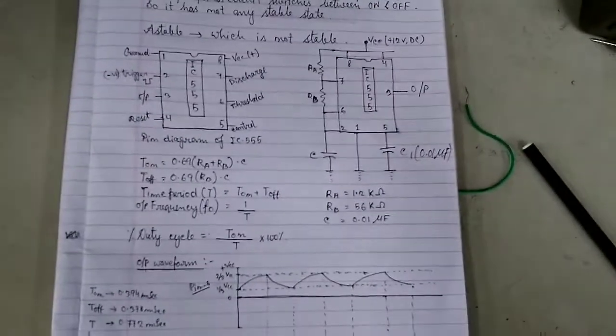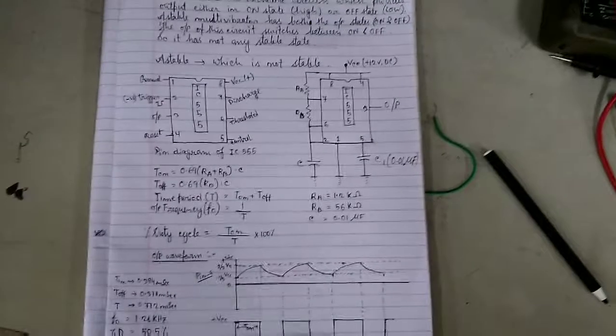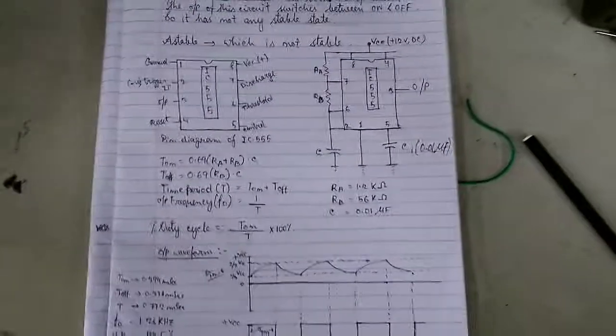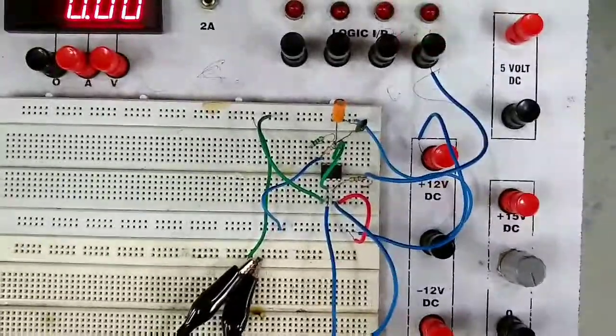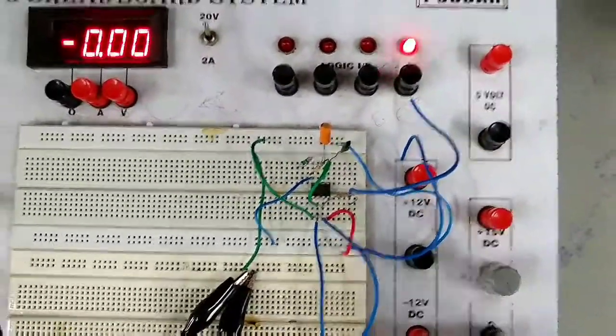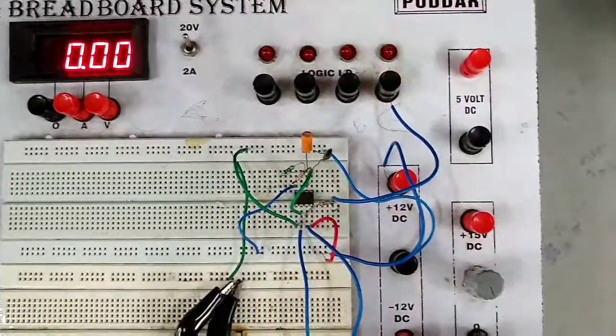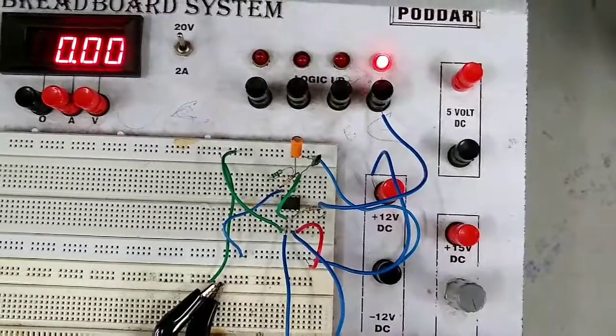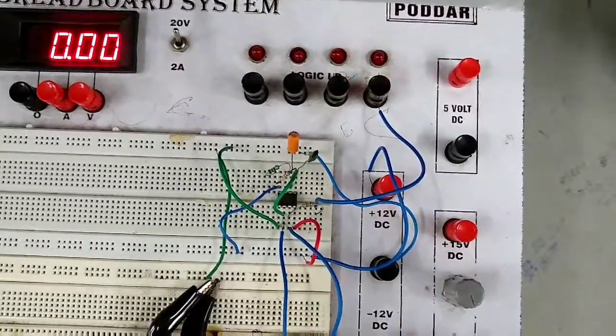If we increase the value of this capacitor connected here, the frequency will be decreased. If I decrease the value of this capacitor, the frequency will be increased. So I have connected a capacitor of 10 microfarad, so the frequency has been brought down to 1 hertz. So it is fluctuating only a single time within a second.